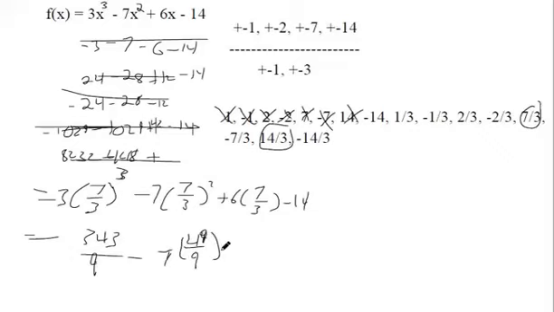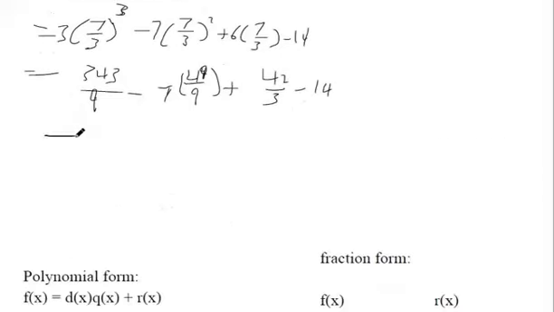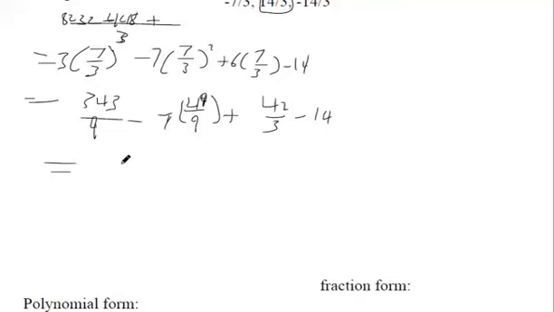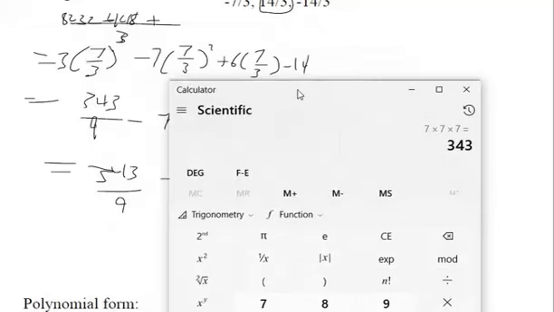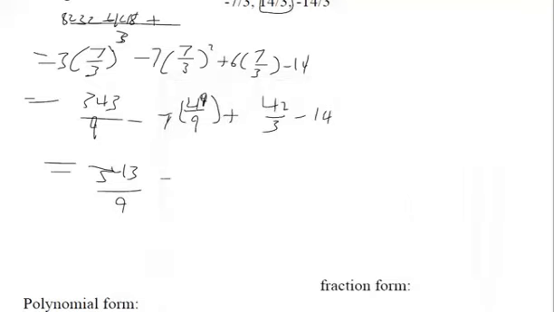And then here, that's 42 over 3. Okay, I think it's going to work out, because this is 343 over 9 minus, what is that? That's 49 times 7. That's 343 over 9.